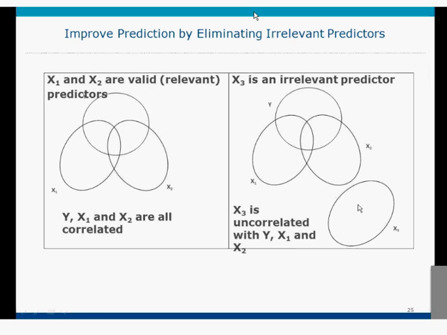So clearly, if we had such predictors, we would want to eliminate them, because to include them, you get a regression coefficient estimate for that adds nothing but error. So you get additional error. And so we can reduce prediction error by removing that and get more efficient estimates of the predictors that are in the model.